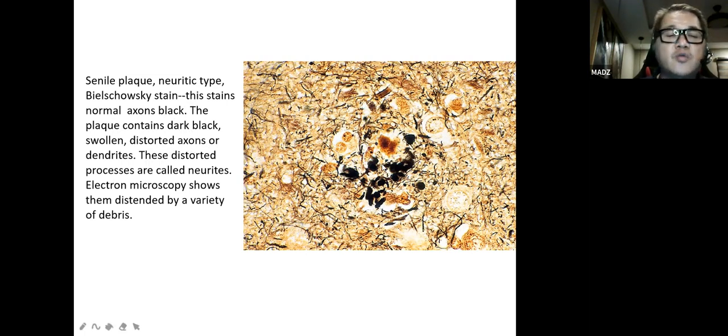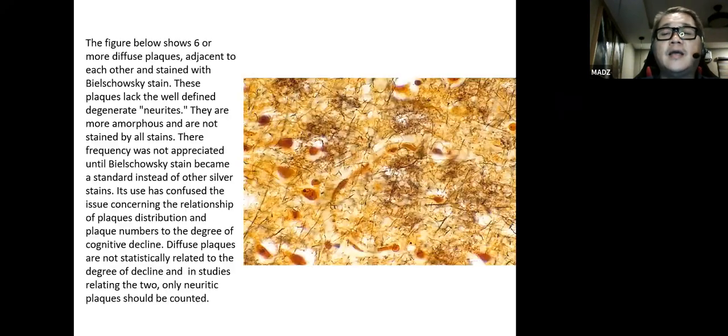All of these are neurites. Electron microscopy shows them distended by a variety of debris. So that's how a neuritic or senile plaque looks like. Under low power, this is how it looks like. There are many of them. So that's how a neuritic plaque looks like.